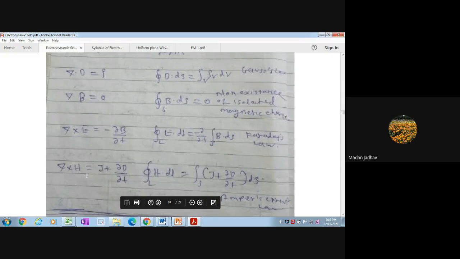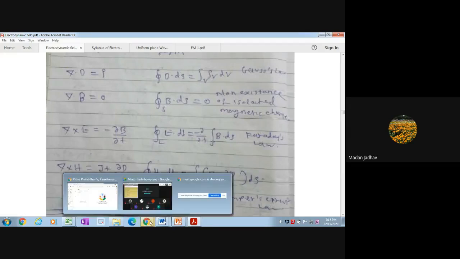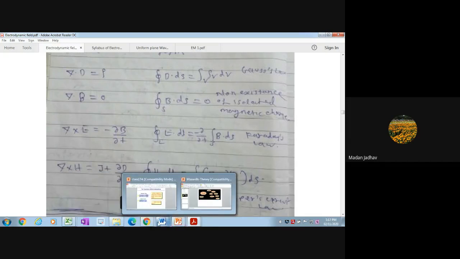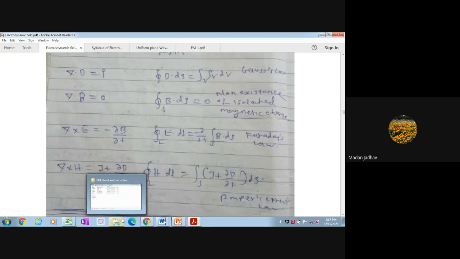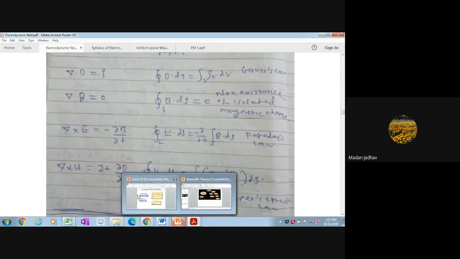Now to understand both of these equations, you should understand the meaning of the curl operation. First of all, we will see what the curl operation is.